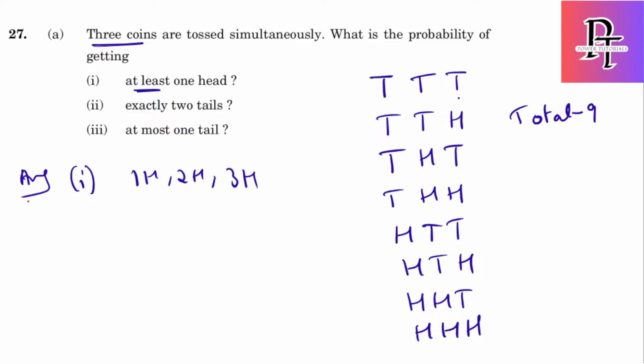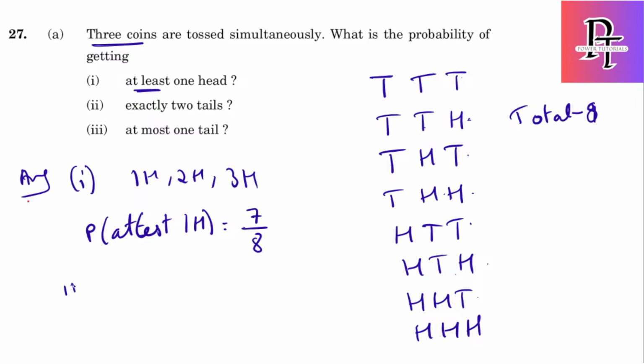So here, only the first one has no head. Counting the rest: 1, 2, 3, 4, 5, 6, 7. So 7 are the chances to get at least 1 head. So the answer for the first one, P of at least 1 head, is 7 by 8.